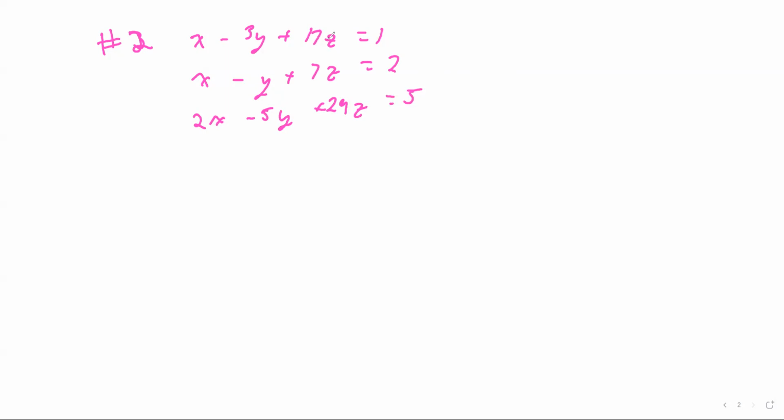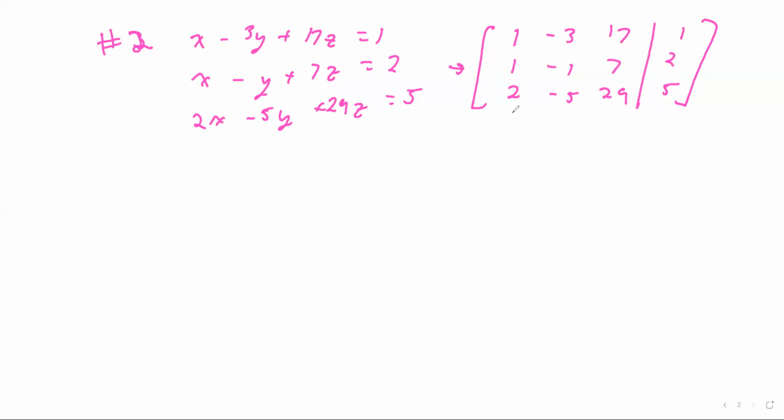All right, in this situation, I'm going to turn this into an augmented matrix. So I get 1, 1, 2, negative 3, negative 1, negative 5, 17, 7, 29, and then 1, 2, 5.